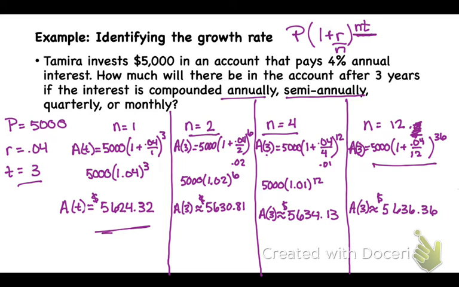So all you have to do is plug into here, don't you? I'm starting on my calculator. You just type it: 5,000, parenthesis, 1 plus 0.04 divided by 12, enter parenthesis, caret, 36.